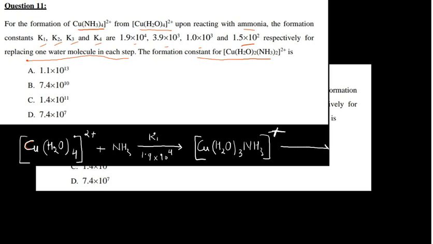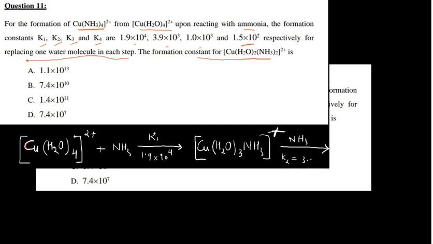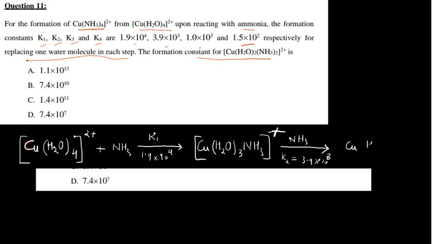And in the second step, again say you are reacting this with NH3, and in that case K2 is given, and that K2 is having the value of 3.9 into 10 to the power 3, and then it will form Cu(H2O), another water molecule would be replaced, so we'll have only 2, and then you are having the 2 of NH3, just like that.